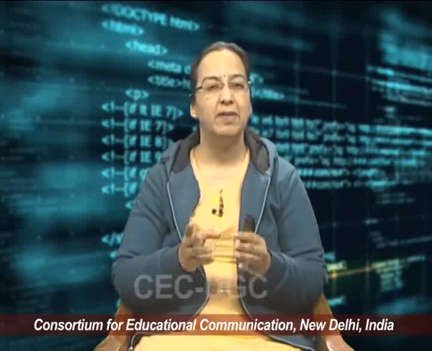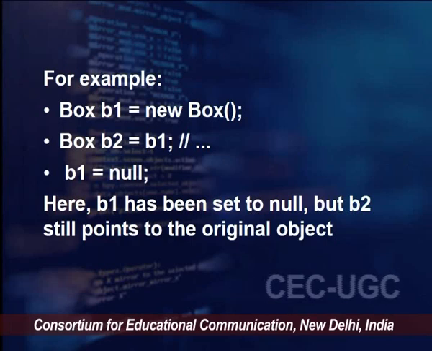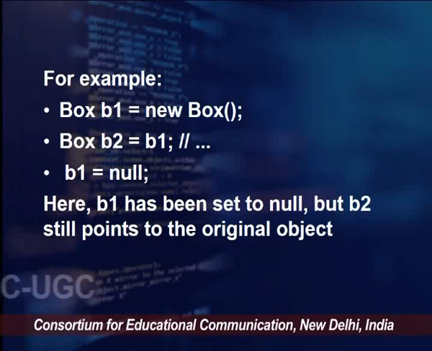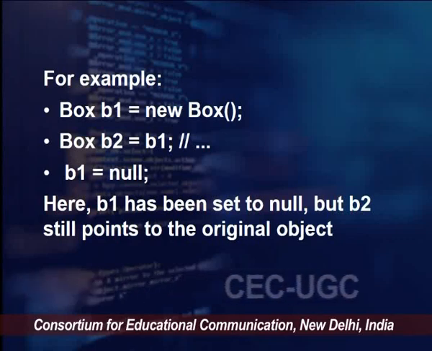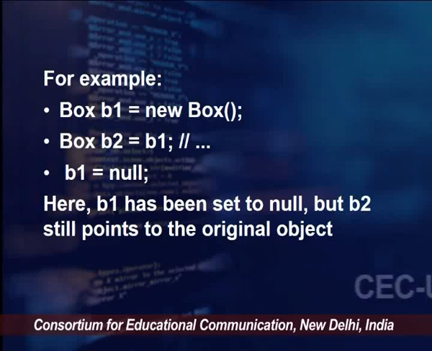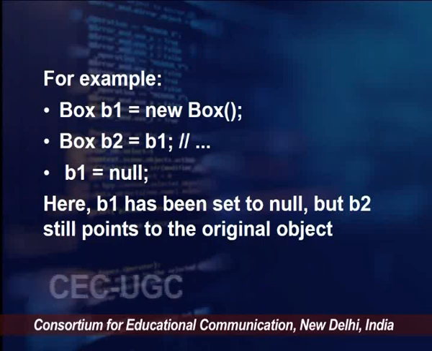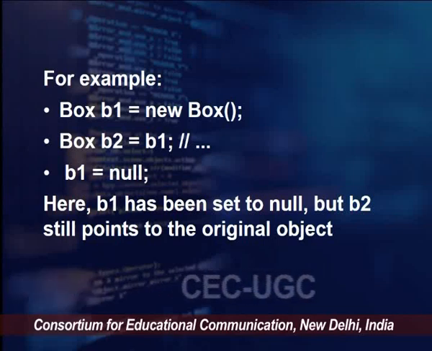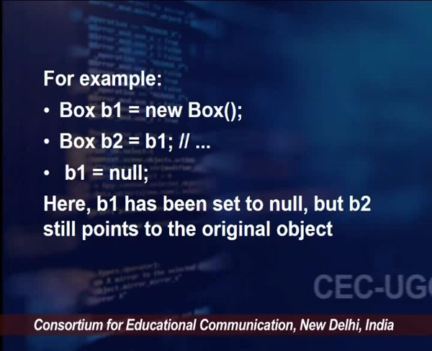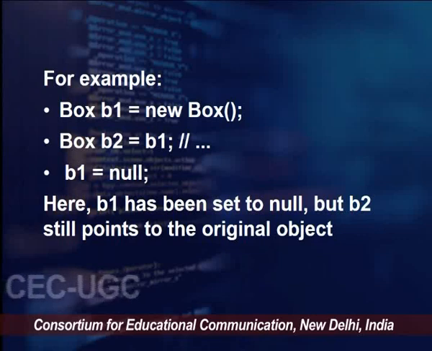This can be done without affecting B2. Previously we have seen Box B1 = new Box, then Box B2 = B1, and in the very next statement we write B1 = null. What will happen here? Till this point, B1 and B2 were two reference variables pointing towards the same object. Now B1 is not having anything, that means B1 is detached from the object.